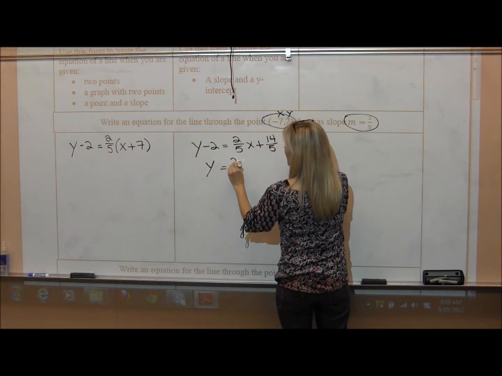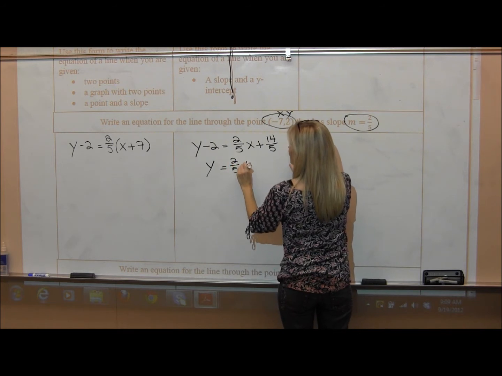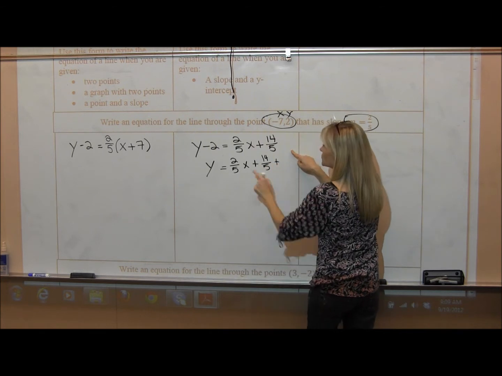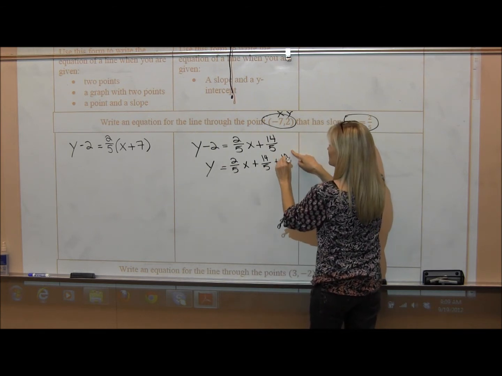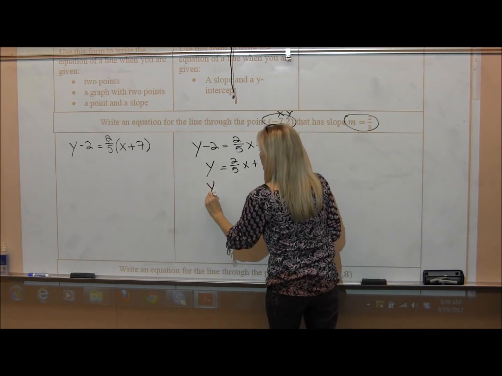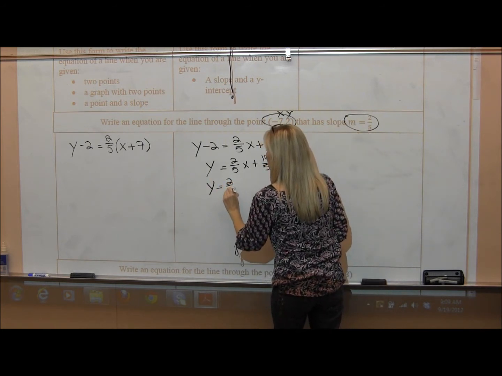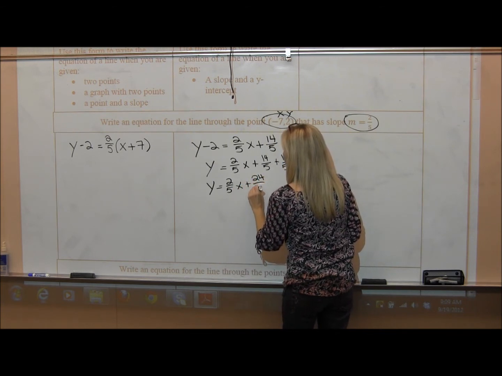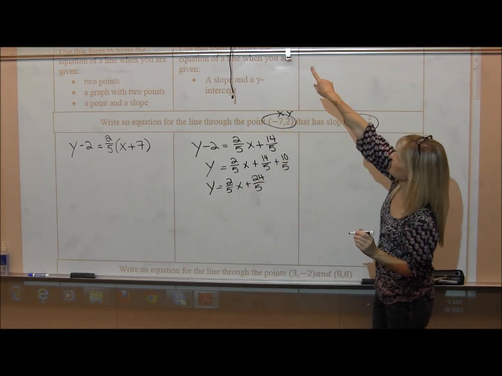So I've got then y equals 2/5 x plus 14/5 plus, well, 2 is the same as 10 over 5. I'm going to make it fifths so that I can add these together. So then y equals 2/5 x plus 24 over 5. And I'm in slope-intercept form.